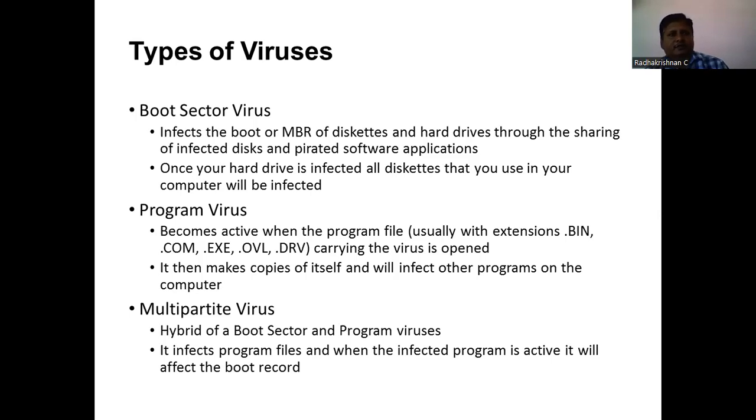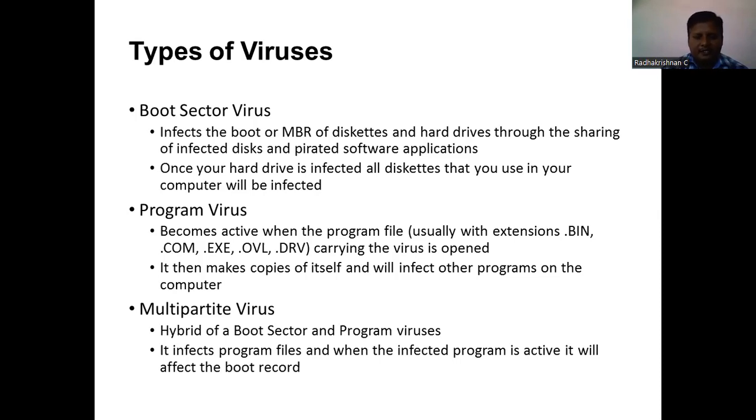For example, mostly the applications we install on your system are in the executable file format, that is the .exe format. So program viruses are also in the form of .exe format. That type of virus we call a program virus. It makes a copy of itself and will infect other programs on your computer.